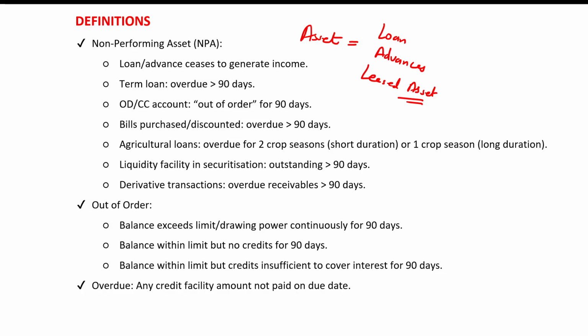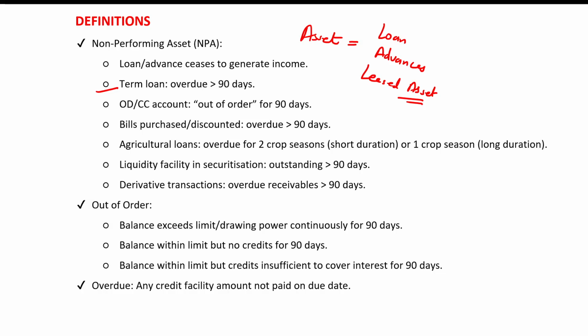for a specified period. And a loan is treated as a non-performing asset if it is a term loan and overdue is for 90 days or more. If it is a cash credit or overdraft, if the account is treated as out of order. If it's a bill purchased or discounted, and the bill remains unpaid for more than 90 days. If it's a crop loan, if it is a short duration crop, if dues remain unpaid for two crop seasons, and if it is a long duration crop, if dues remain unpaid for one crop season.